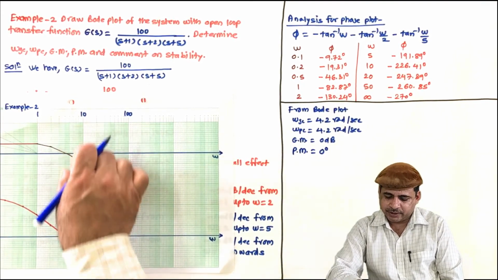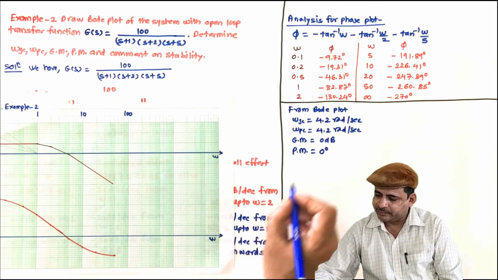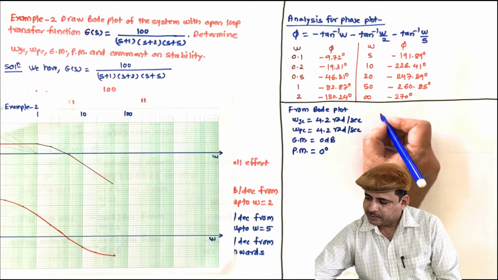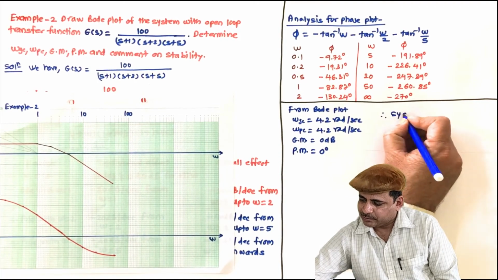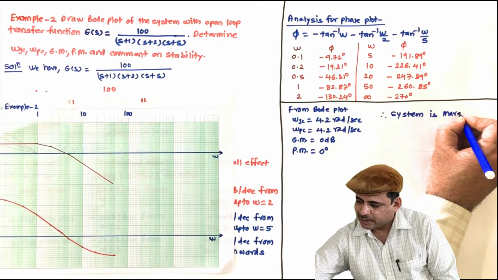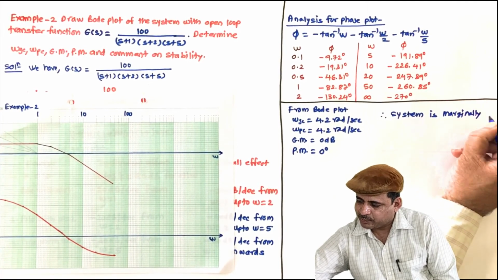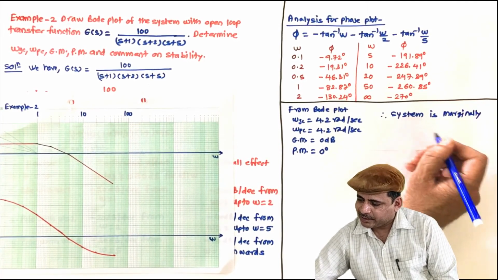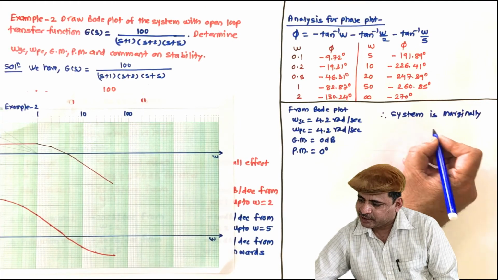Why? Because if we take the projection here, it will be minus 180 degree, and so the system will be marginally stable, because both frequencies are the same and the gain margin and phase margin are 0 dB and 0 degree respectively.